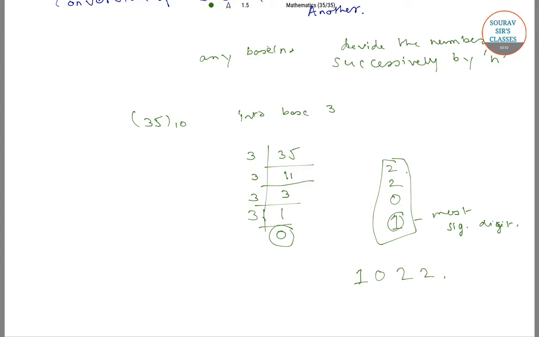And the first remainder is the least significant digit, and it will be the rightmost digit. So 35 base 10 is equal to 1022 base 3.